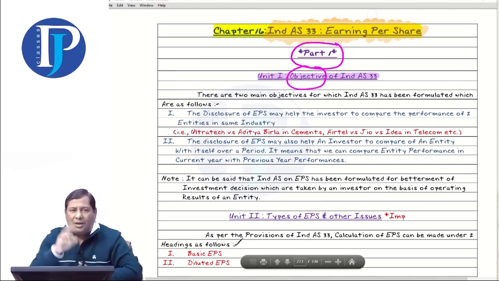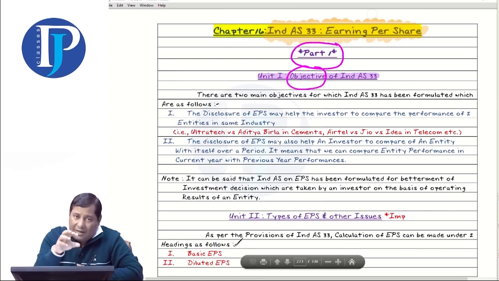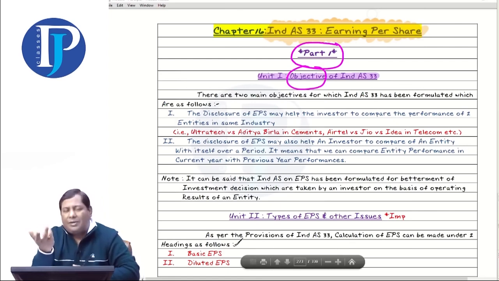And then I had told you one thing, that why are we even doing these comparison? It is for one objective only, that investment decision should be supported. Be transparent with your investors so that they can decide whether they want to invest in your company or not. Whether a new investor invests in your company or not. Those who have invested in it are either making money or leaving.